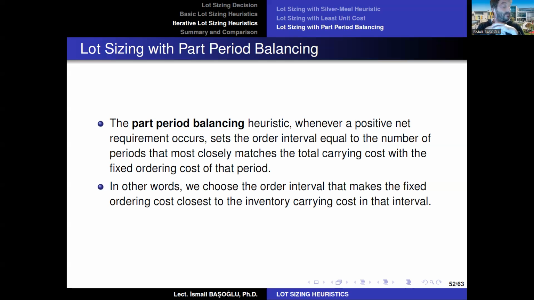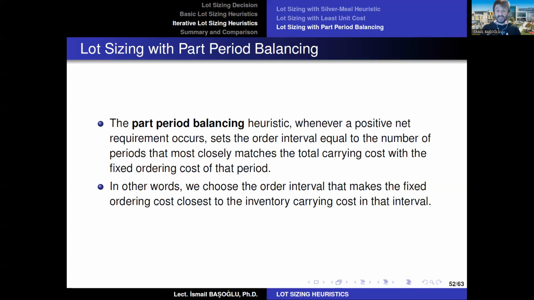I told you that this economic order quantity was also making the ordering cost component of the total cost function equal to the carrying cost component. In other words, at the economic order quantity, the yearly ordering cost is equal to the yearly inventory carrying cost, okay?